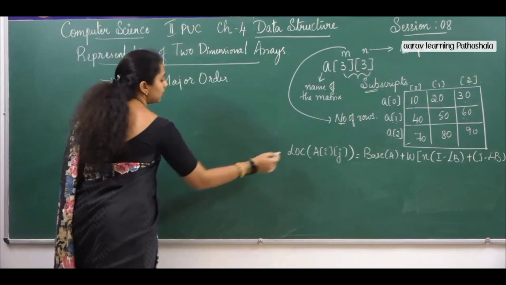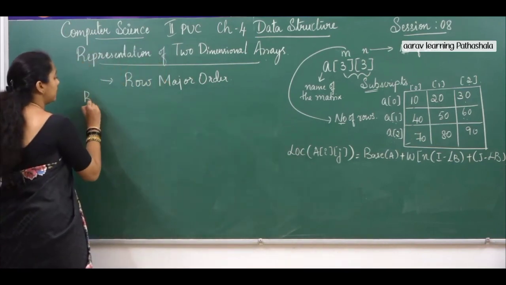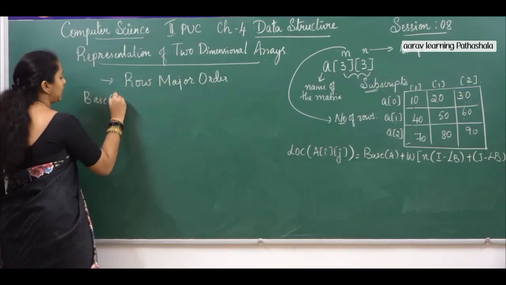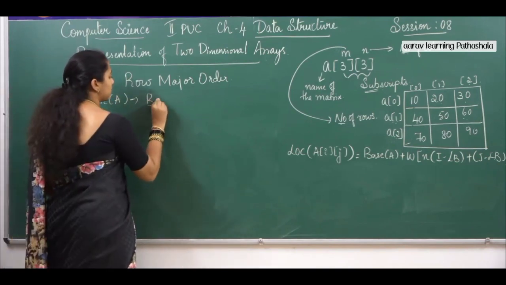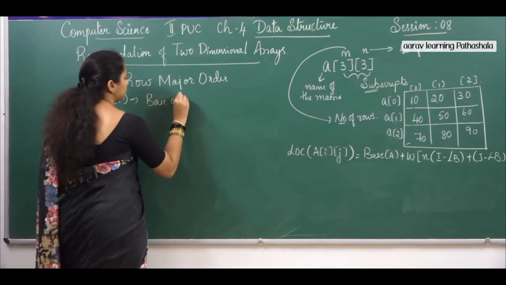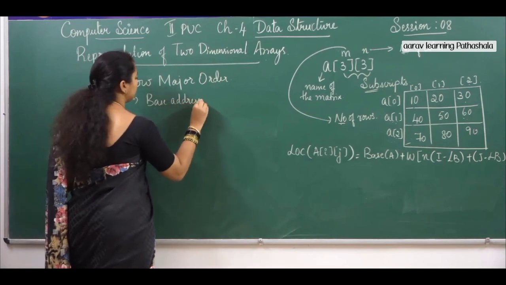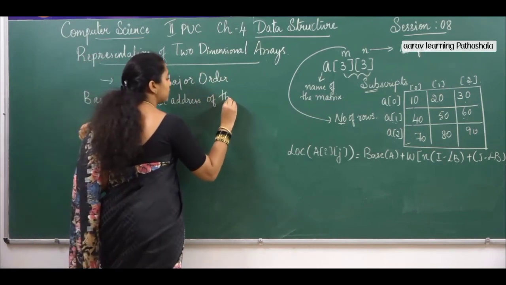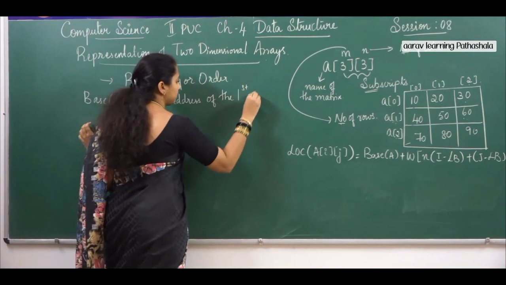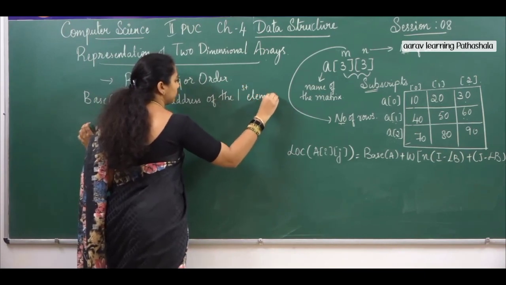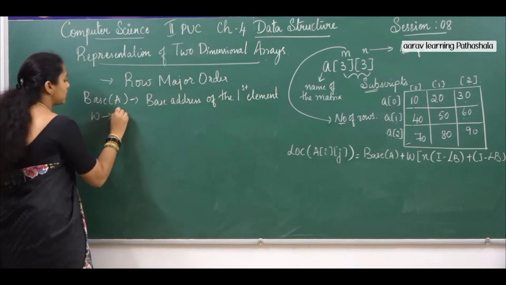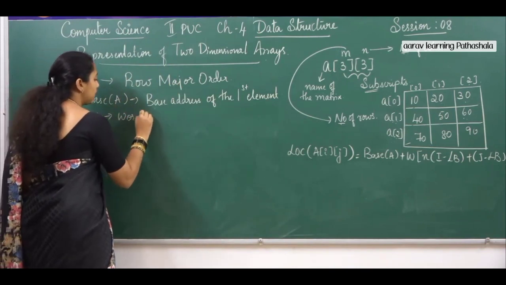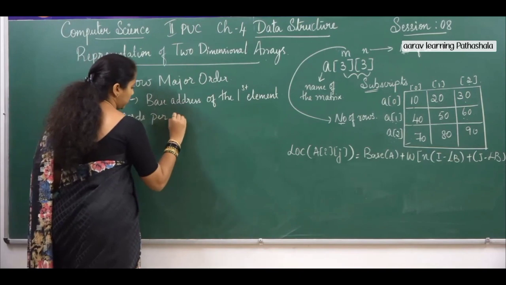So now let's write what base of A represents. Base of A is nothing but the base address of the first element. W represents words per memory location.